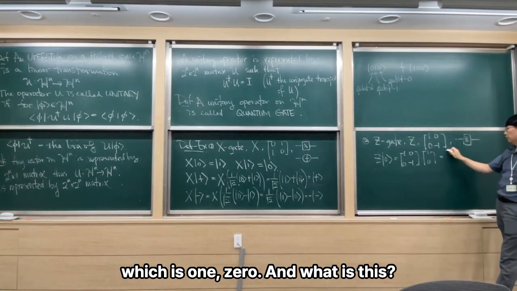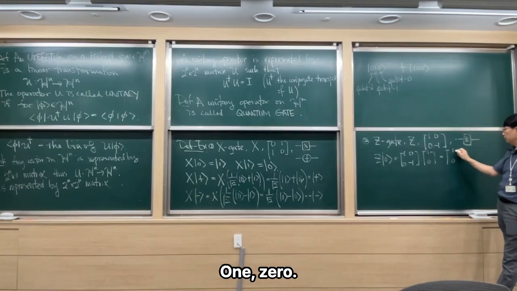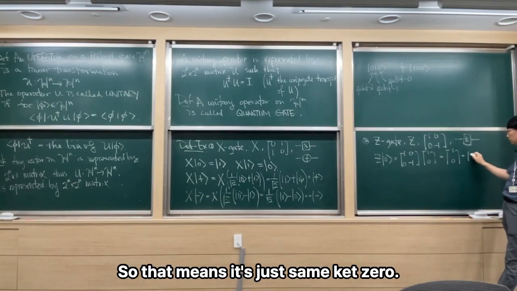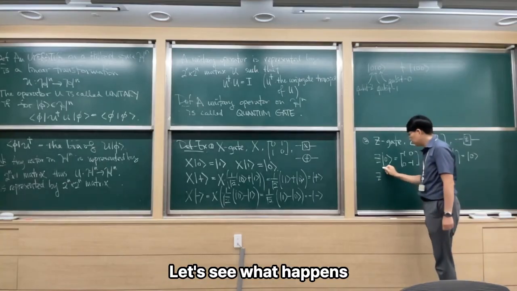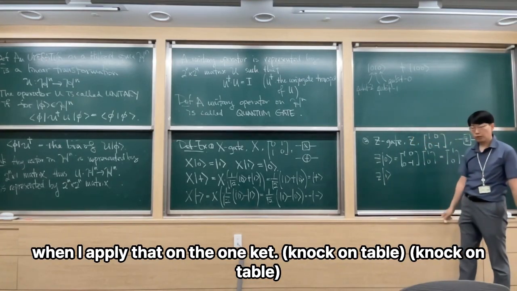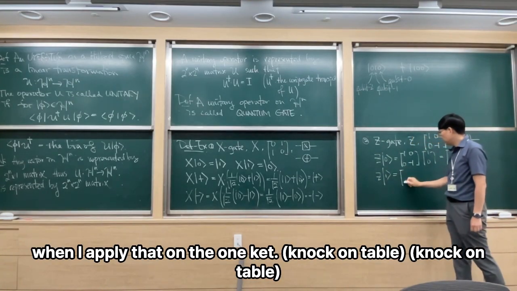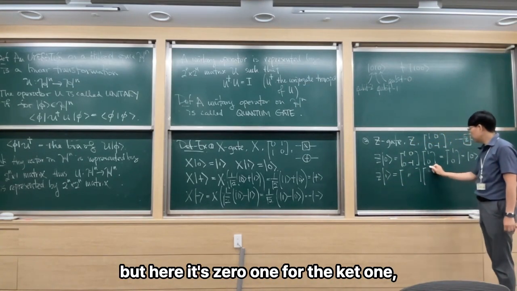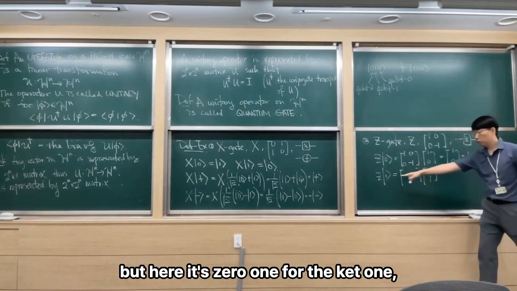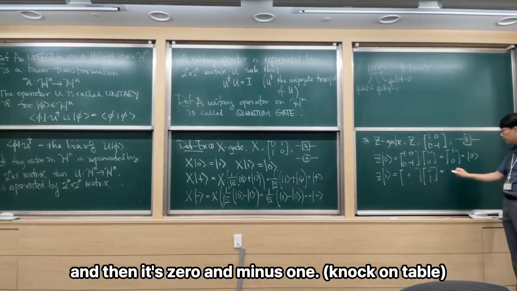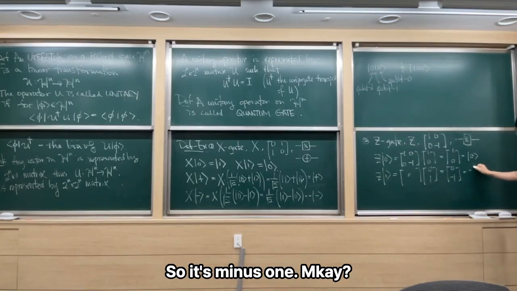And what is this? 1, 0. So it means it's just the same ket 0. Let's see what happens when I apply Z on 1 ket. Same thing here, but here it's 0, 1 for the ket 1. And then it's 0 and minus 1. So it's minus 1.